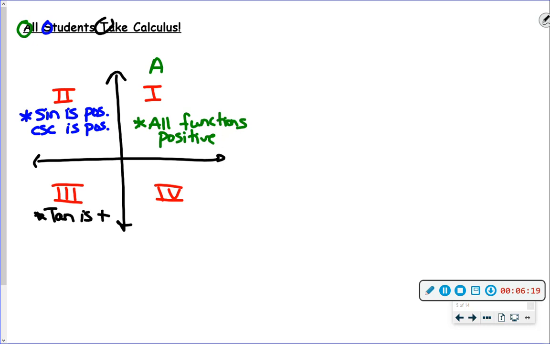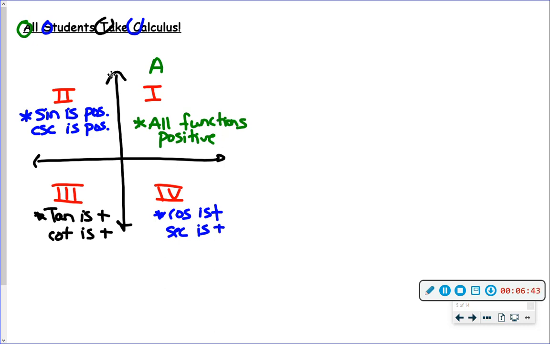And of course, obviously, cotangent would be too. All right, and then our last one, 4, C, calculus. So cosine is positive, and of course secant would also be positive. So this is going to give you a little shortcut, of course, of where the functions are positive.